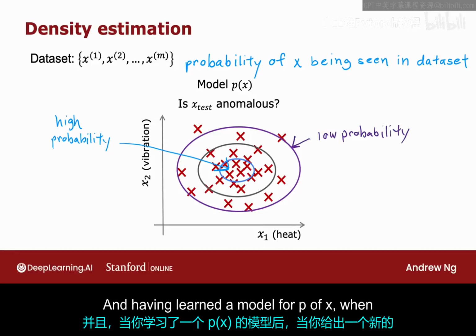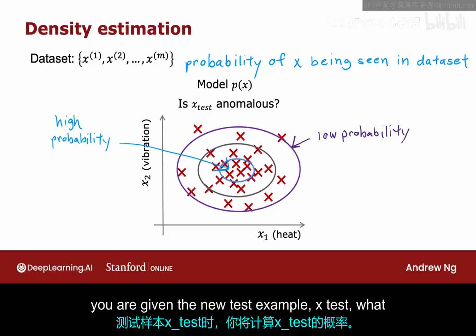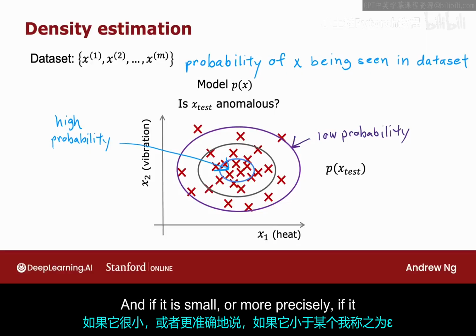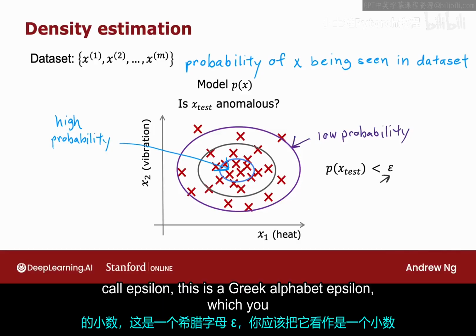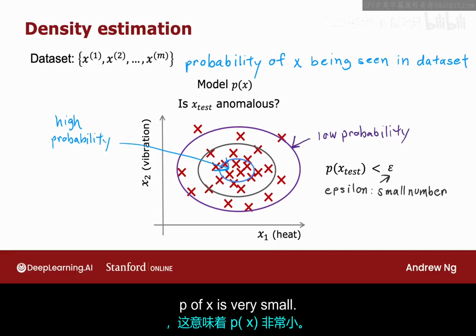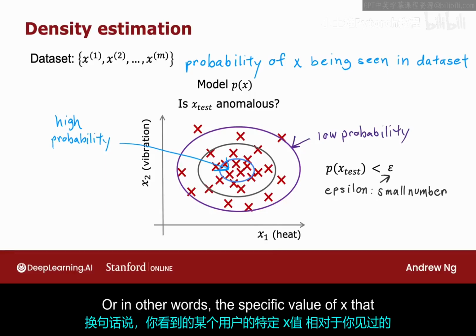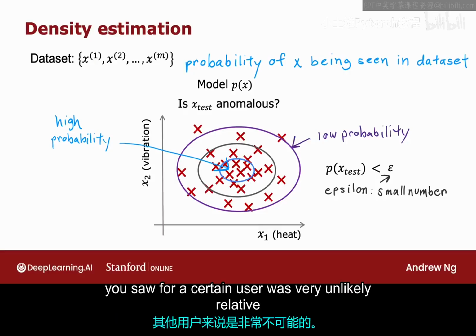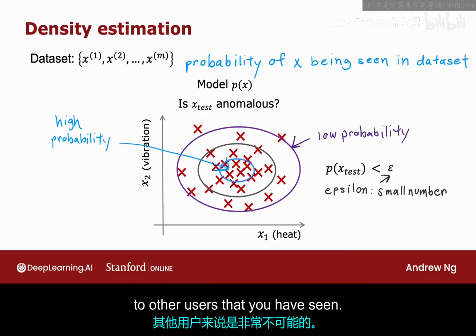And having learned a model for P of X, when you are given the new test example X test, what you will do is compute the probability of X test, and if it is small, or more precisely, if it is less than some small number that I'm going to call epsilon, this is the Greek alphabet epsilon, which you should think of as a small number, which means that P of X is very small, or in other words, the specific value of X that you saw for a certain user was very unlikely relative to other users that you have seen.